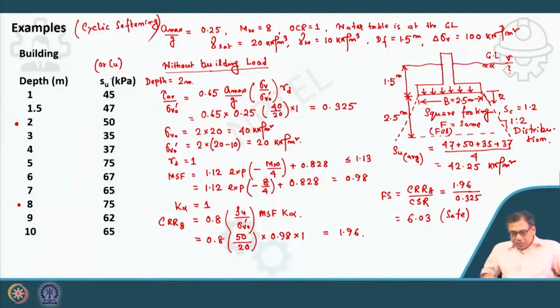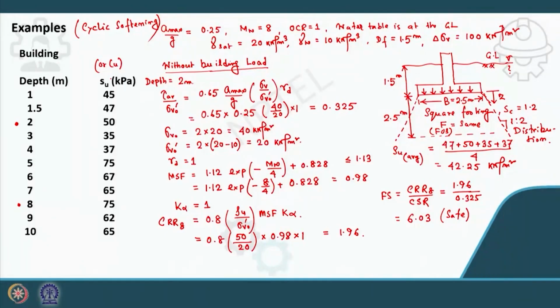So it is now clear how you can incorporate the building stress in your calculation, how you can check the cyclic softening for clay like soil, and how you can check the liquefaction for sand like soil. And the liquefaction procedure can now be used for coarse grain soil and fine grain soil, provided PI is less than 7.